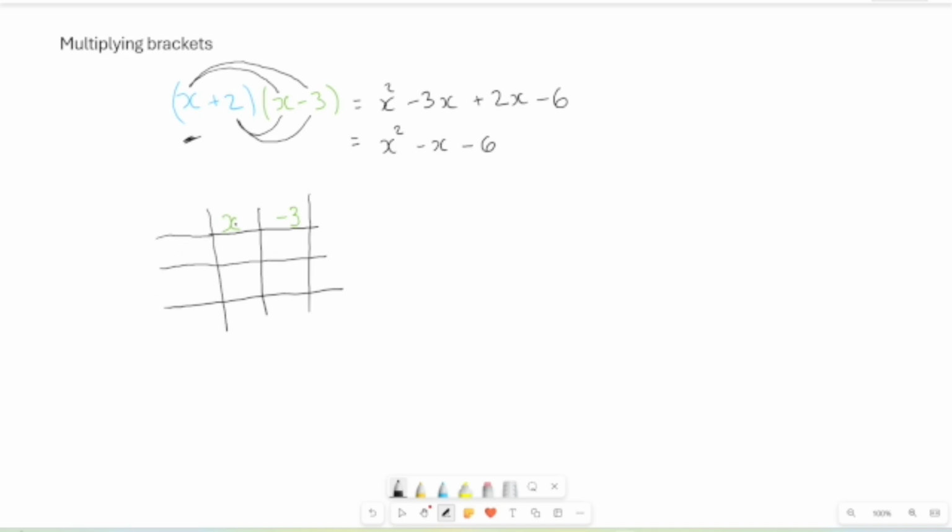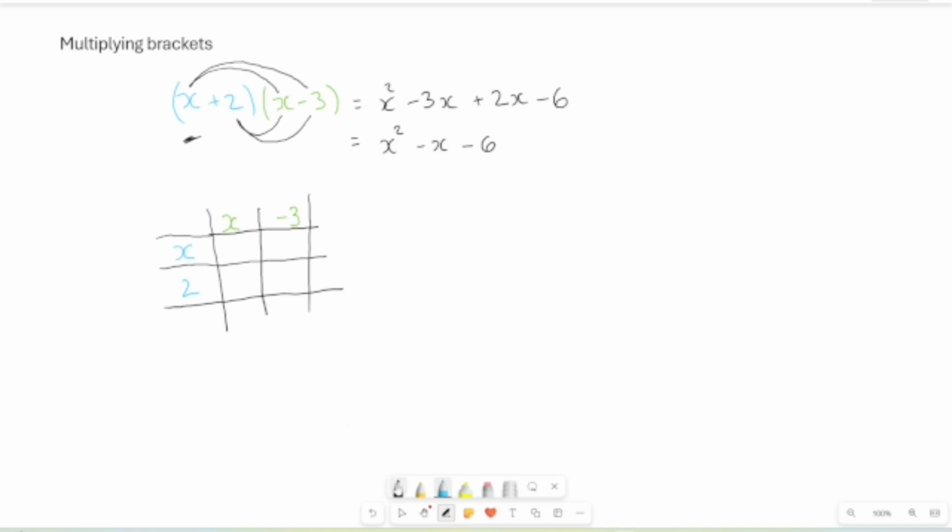There's our grid. So the other one was x plus 2. So let's just put that in, x and 2. It's positive. I don't really need to write the positive in, because it hasn't got a negative, so it must be positive.